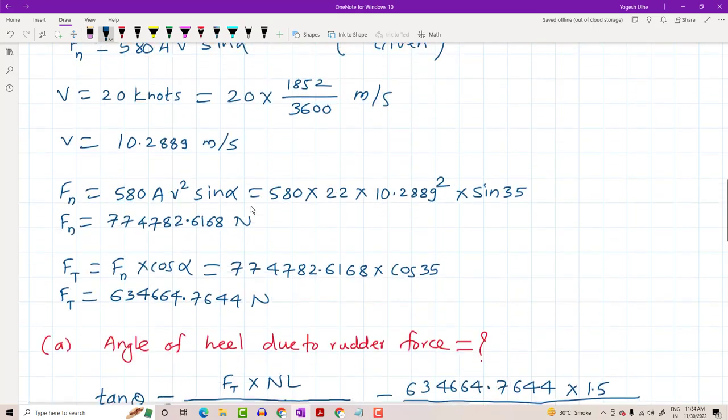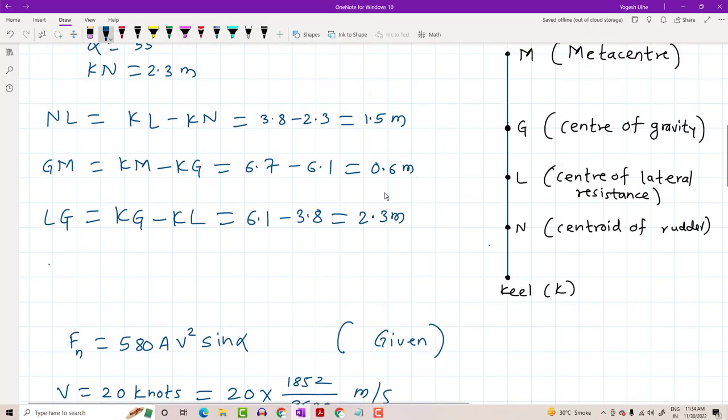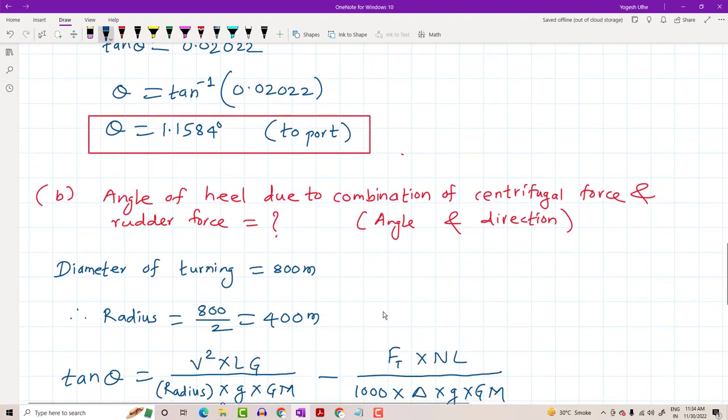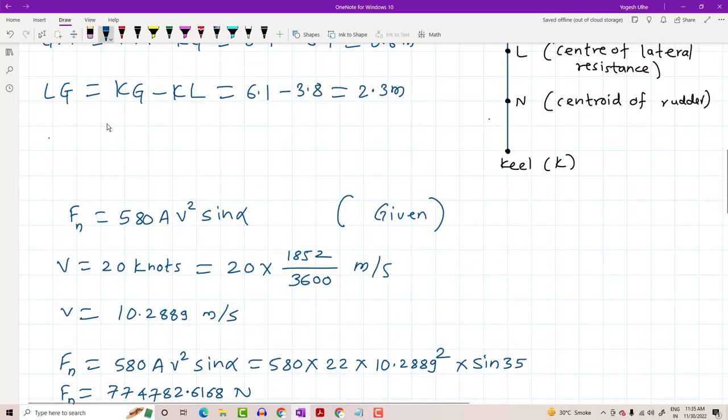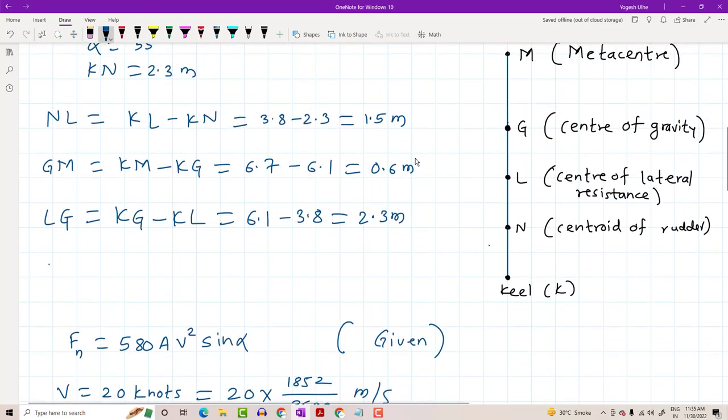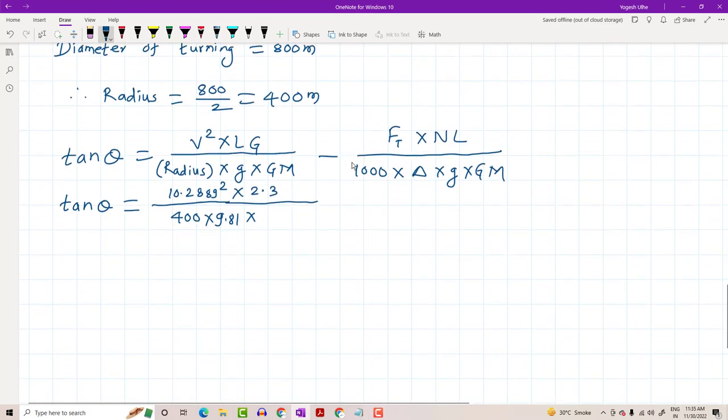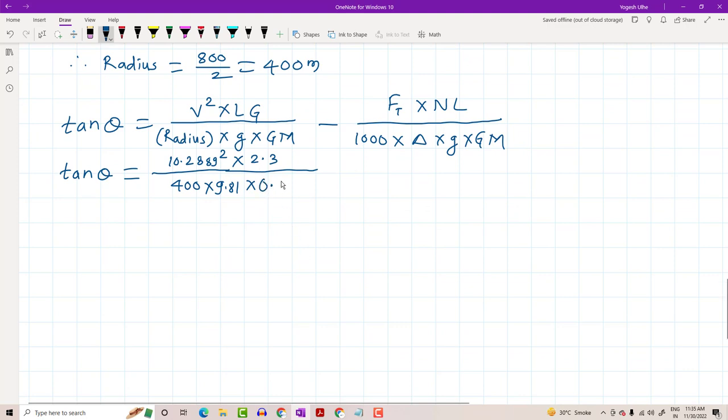Lg is how much? 2.3. Radius we have 400. Small g is 9.81. Gm, see the given things, is 0.6 meter.